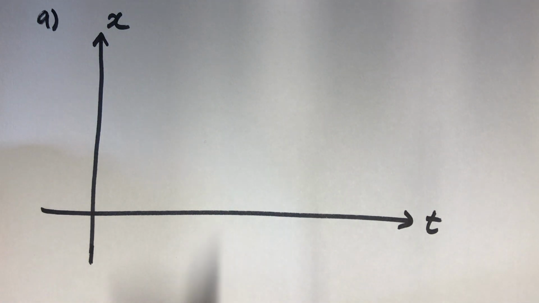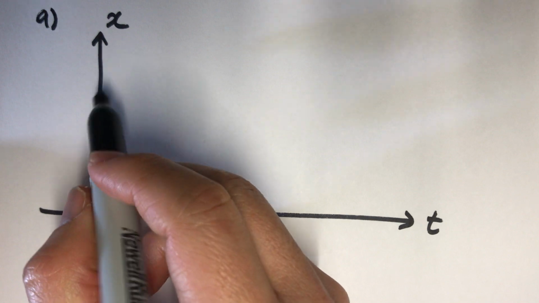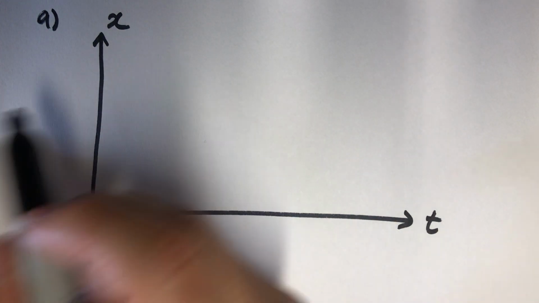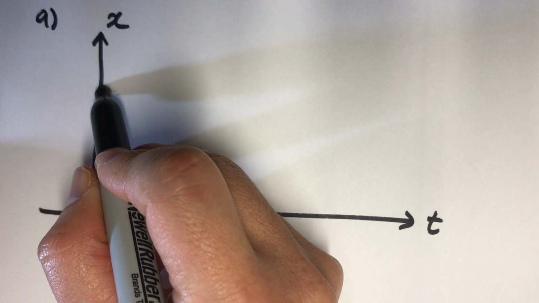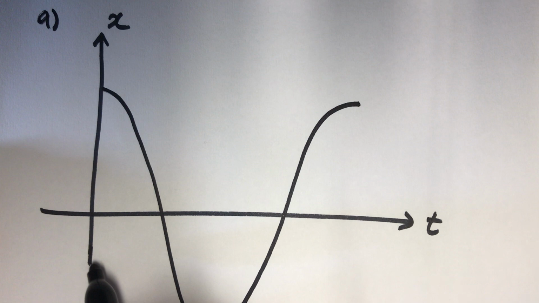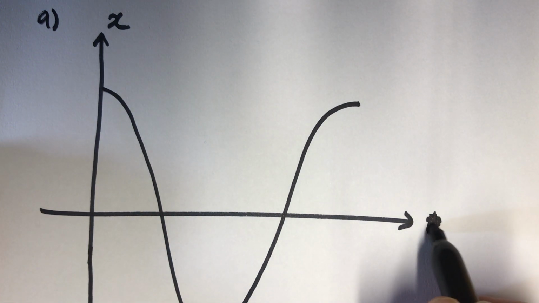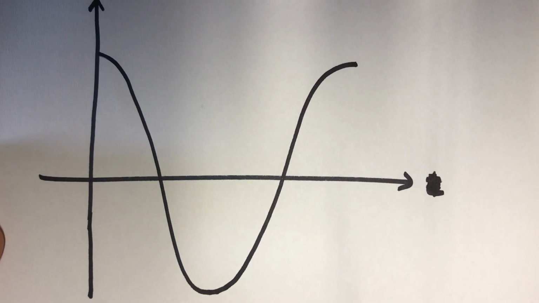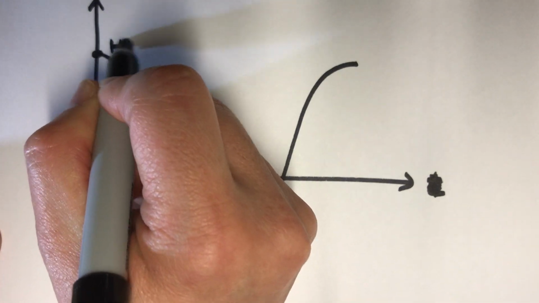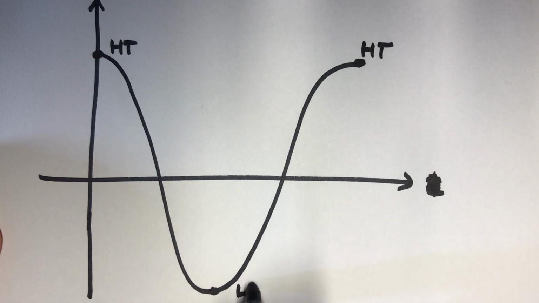As you can see, high tide happens at noon. That's the starting point. So it's cosine, because it doesn't start from 0. Okay, it starts from high tide. I'm not going to put t there. I'm going to just leave it as it is. So far that's what I've got. So that's my high tide, and that's my high tide, and that's my low tide.